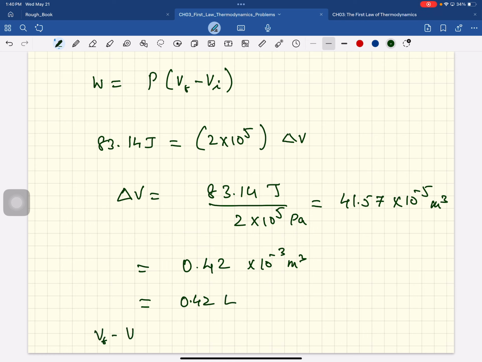So V final minus V initial is 0.42 liters.